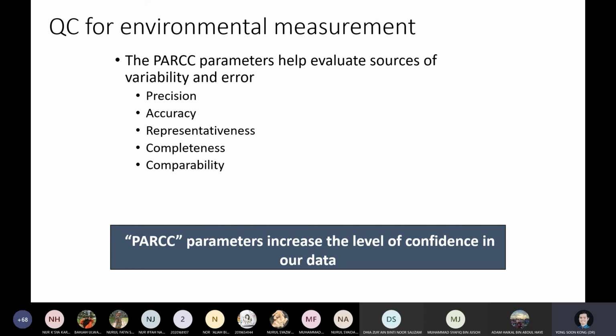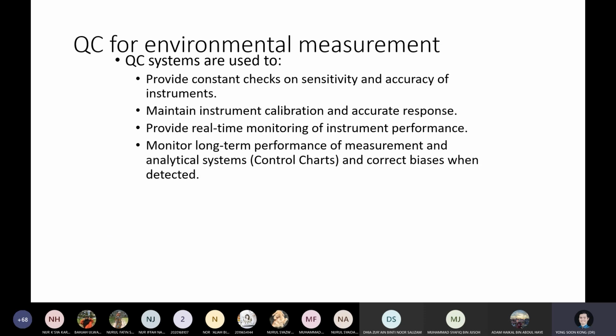Or higher confidence level. So the QC system is used to provide constant checks on sensitivity and accuracy of instrument, maintain instrument calibration and accurate response, provide real-time monitoring of the instrument performance, and monitor long-term performance. So most of the QC involves the use of instrument.